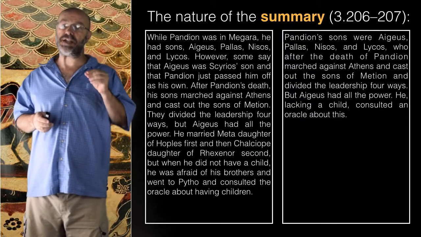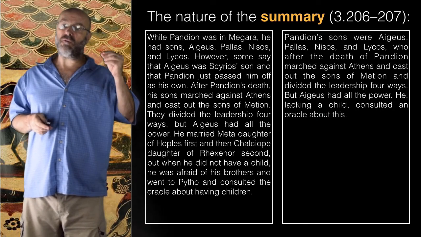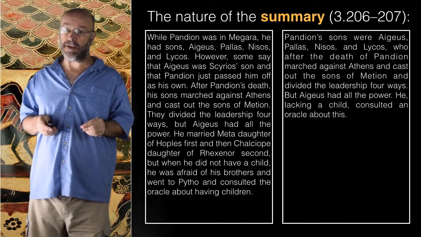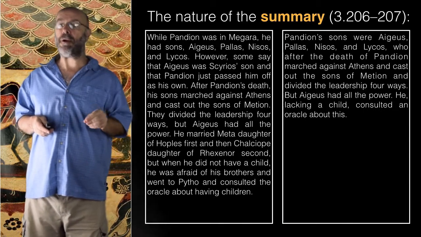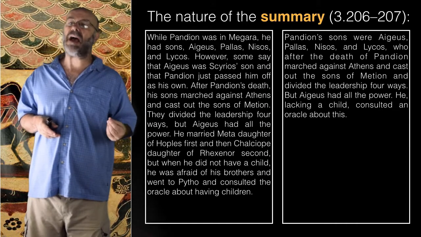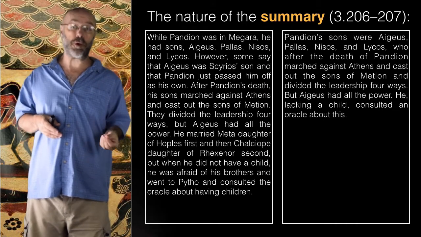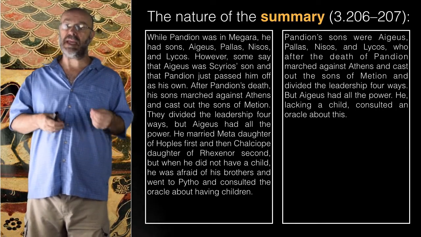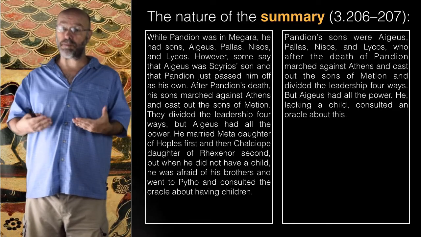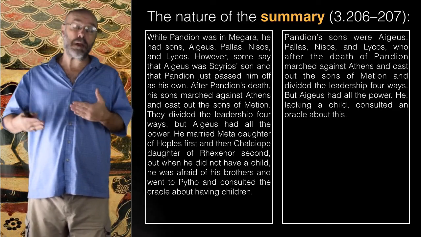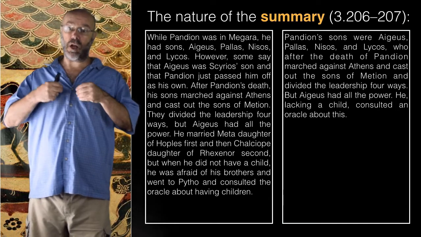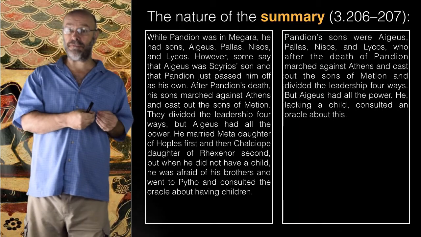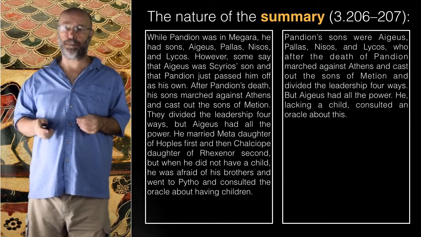The introduction does contain this useful comparison of what the summary is like compared to what Apollodorus' work is like. You can see from the comparison that the summary contains about half as many words as Apollodorus' own work. So it still contains a lot of useful information, but there are much more details in Apollodorus' work. And we can do this because, as I said, the summary does summarize all of Apollodorus, so we can look at the parts of it that summarize parts that we do have to kind of see what it's worth.